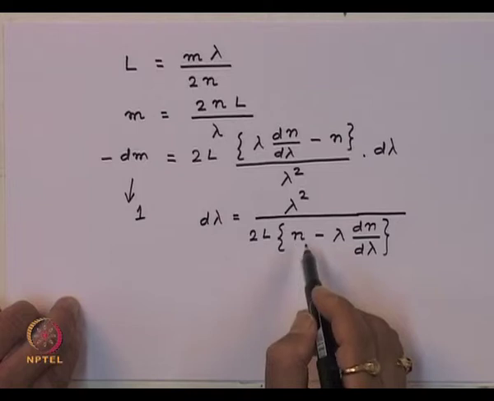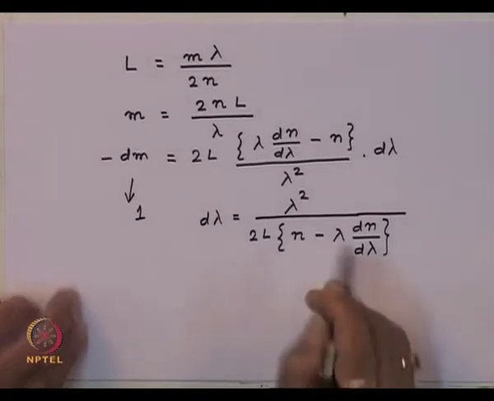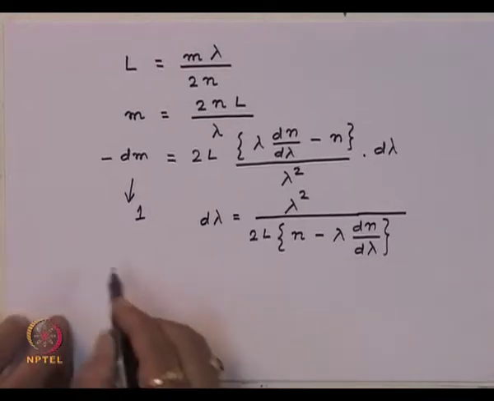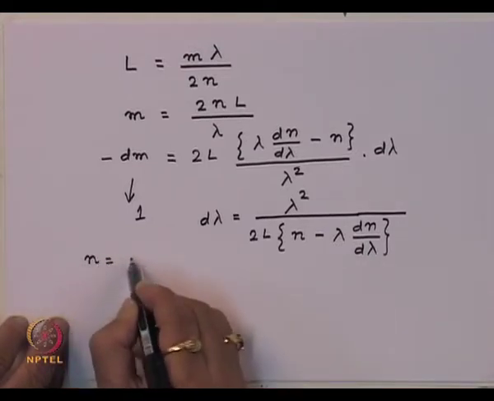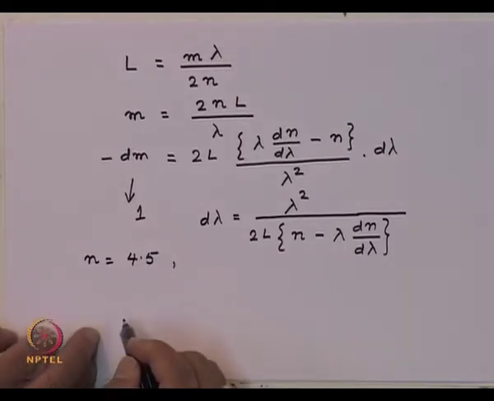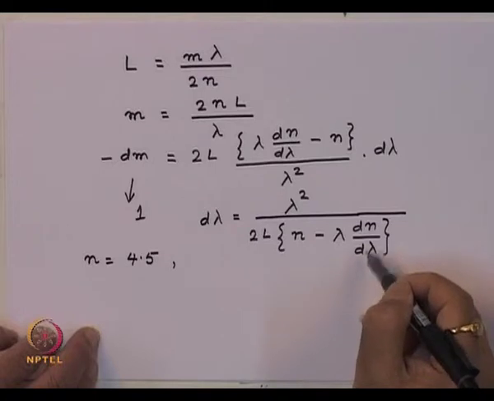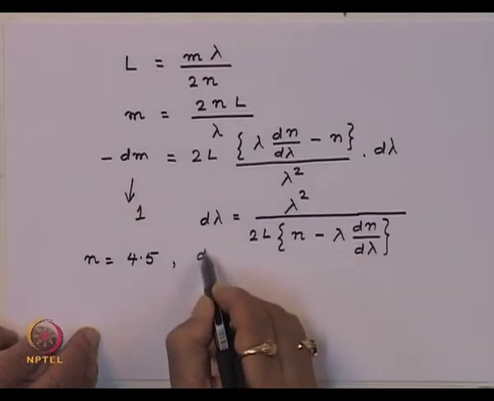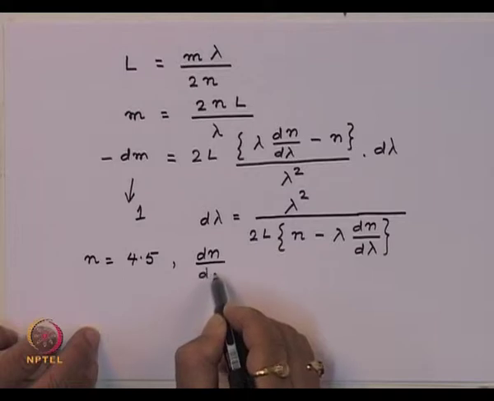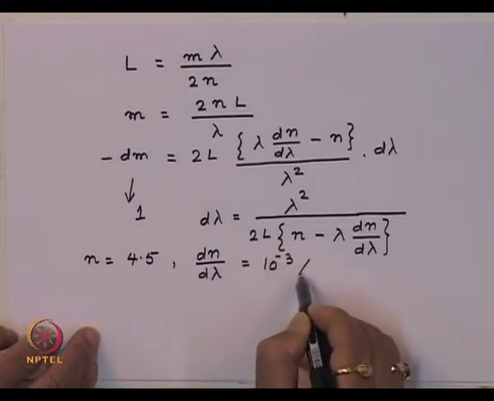Now, we are given all the parameters in this problem. The n is the refractive index of the material, that is given as 4.5. The rate of change of refractive index as a function of wavelength is also given. So, this quantity dn by d lambda is equal to 10 to the power minus 3 per nanometer.